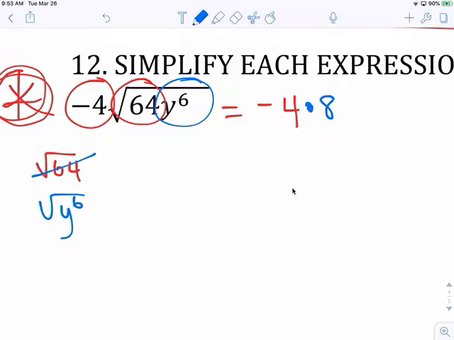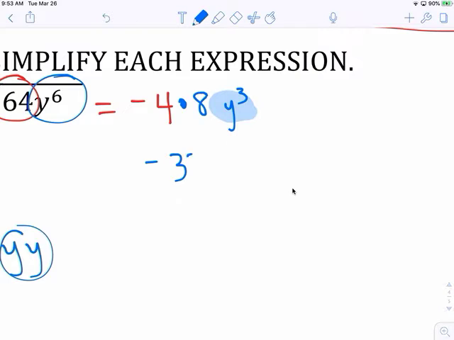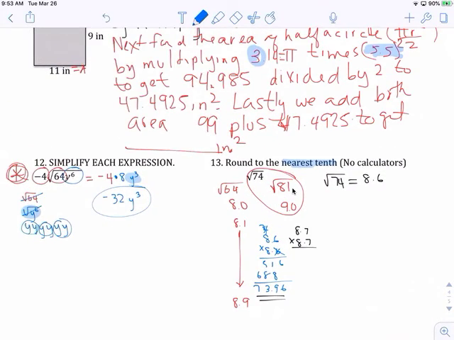Square root of y to the 6 is y to the 3rd. 3 groups. You got 6 of them, right? 1, 2, 3 groups. Nothing's left, so you multiply that. Y to the 3rd, and that's your answer. Okay? Hope that helps.